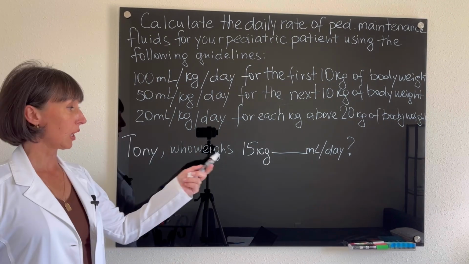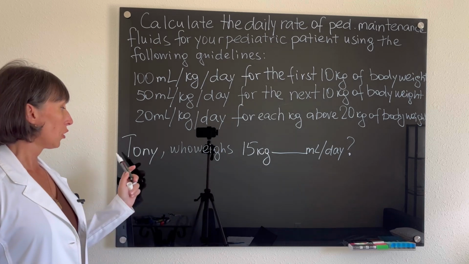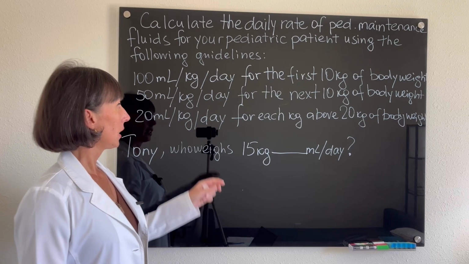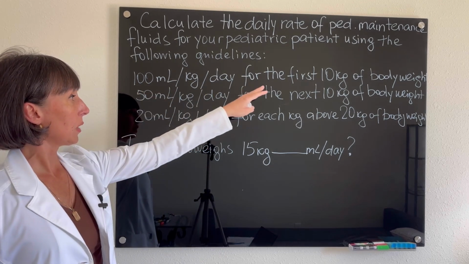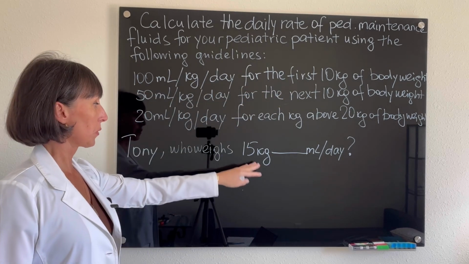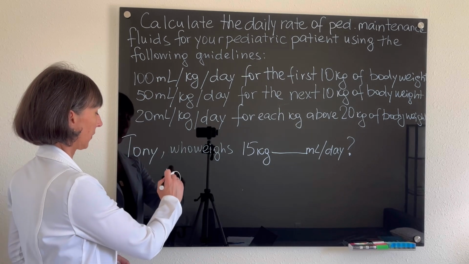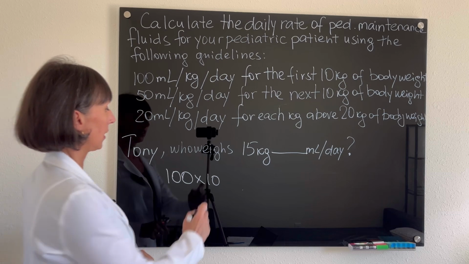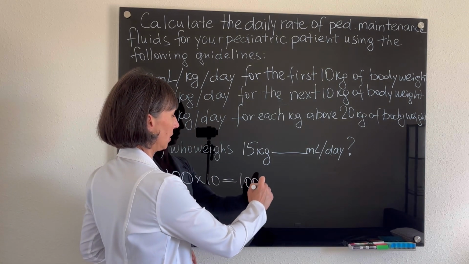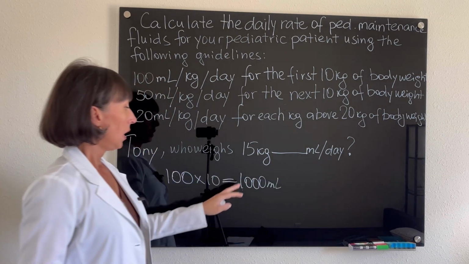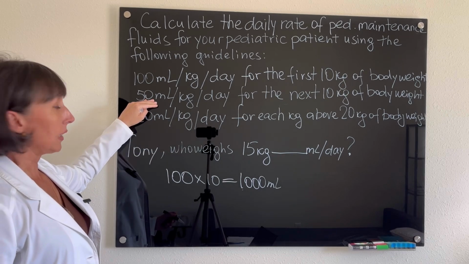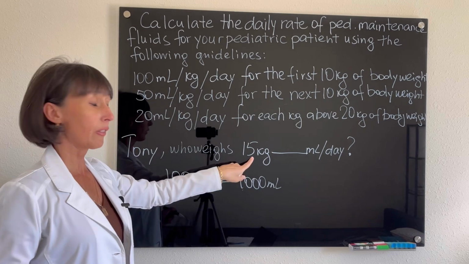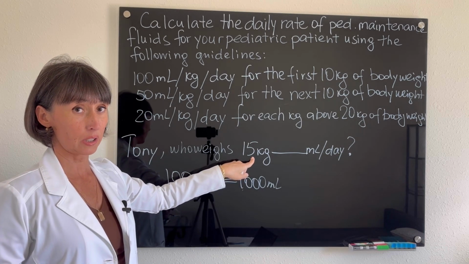And now let's figure out how many milliliters of fluids per day Tony will receive, who weighs 15 kilograms. Again, for the first line, I'm going to take first 10 kilograms of body weight. 100 times the first 10 kilograms give me 1,000. And then for the next line, 50 milliliters per day for the next 10 kilogram. However, I don't have 10 kilogram left in the patient.